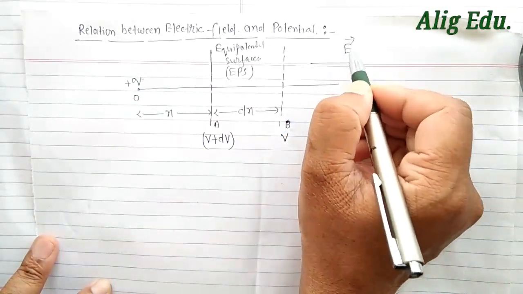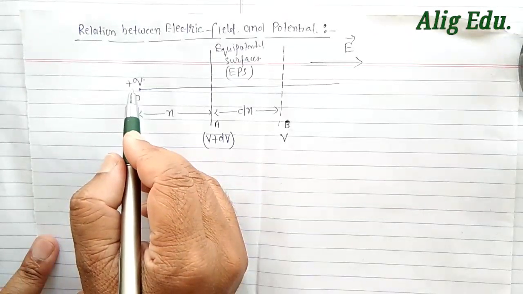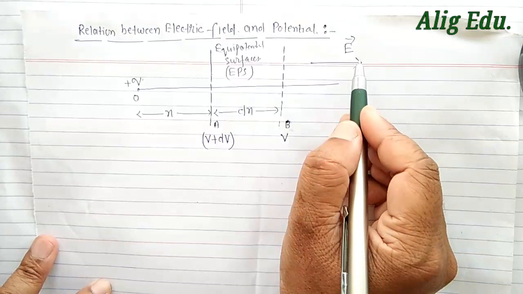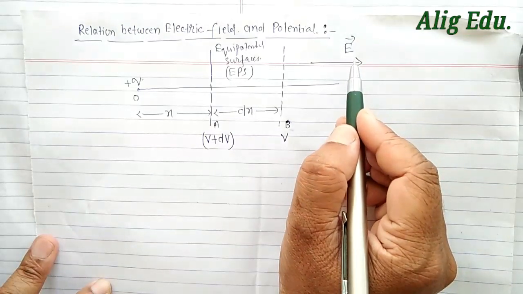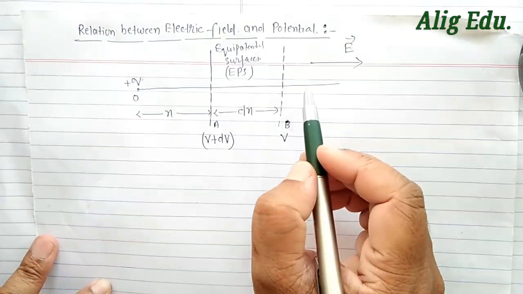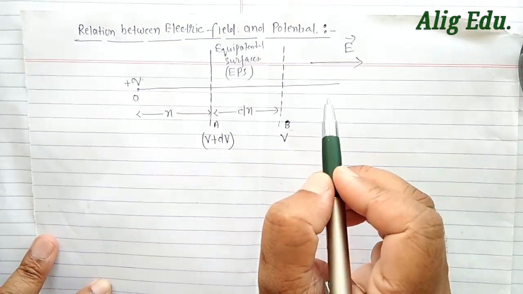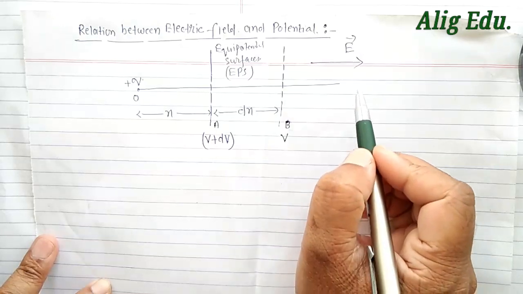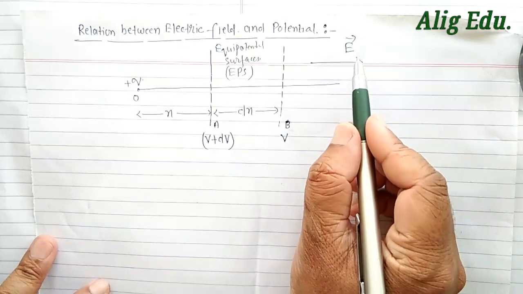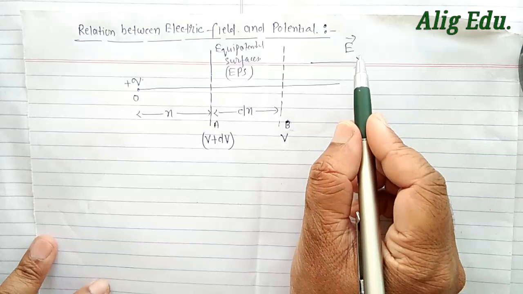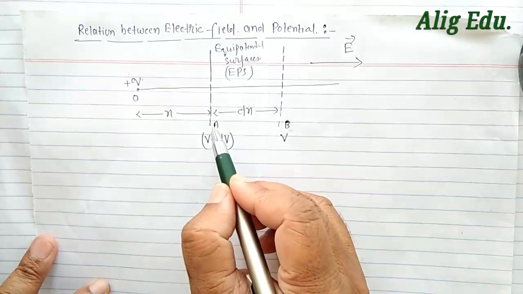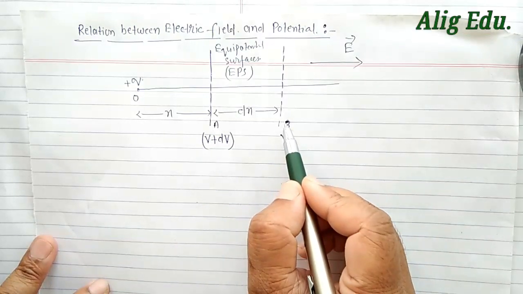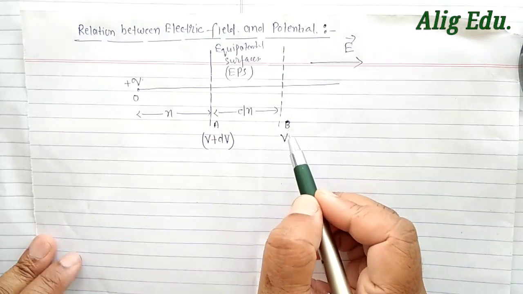The direction of the electric field is always in the direction of decreasing potential. So the potential at point A will be greater than the potential on surface B.